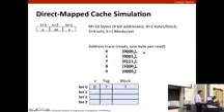And now the cache receives a request for the byte at address 0. So it extracts the set index bits, which in this case are 0, 0. So it's going to look in set 0, and since valid is 0, it's a miss.